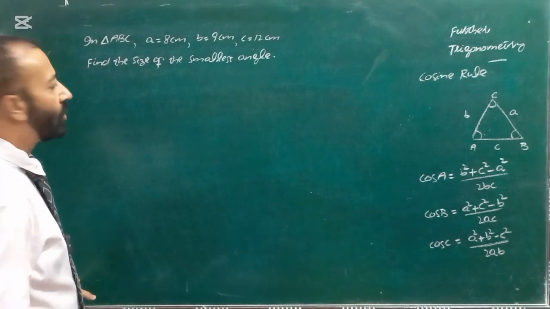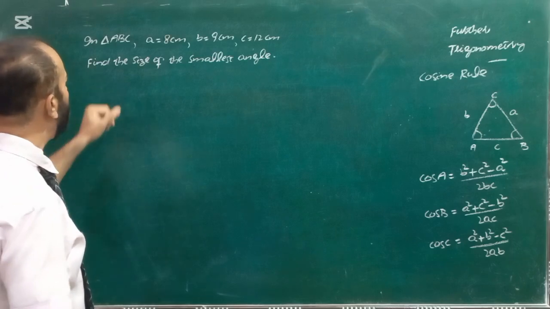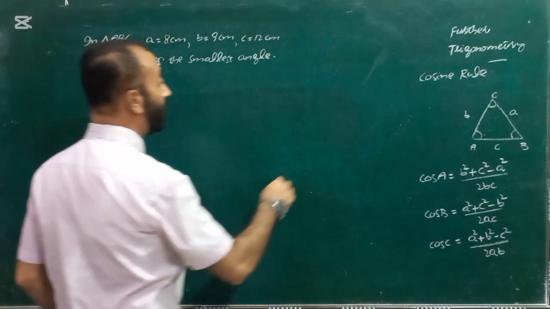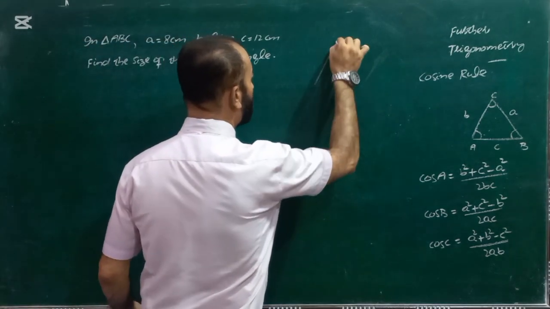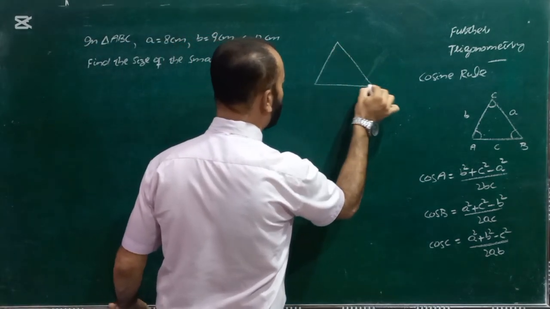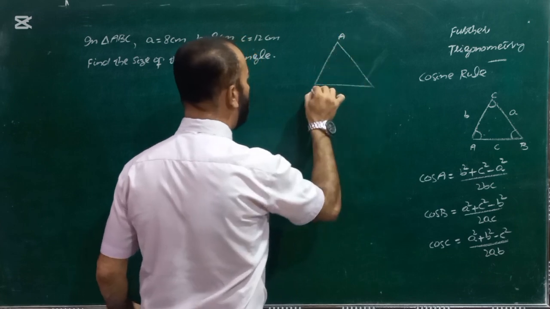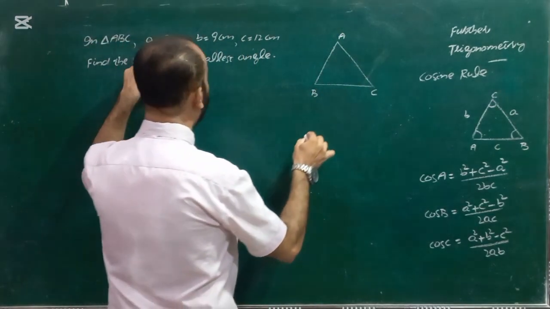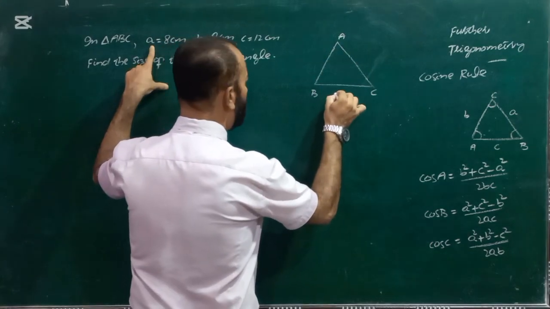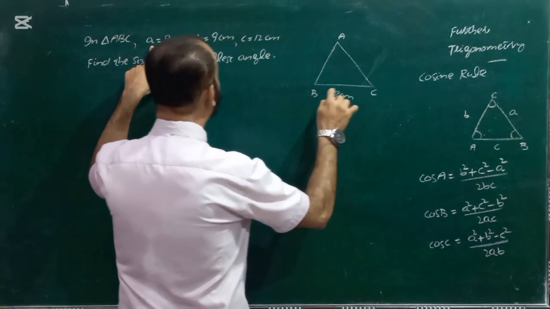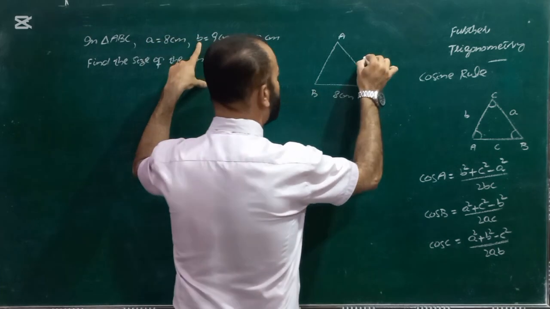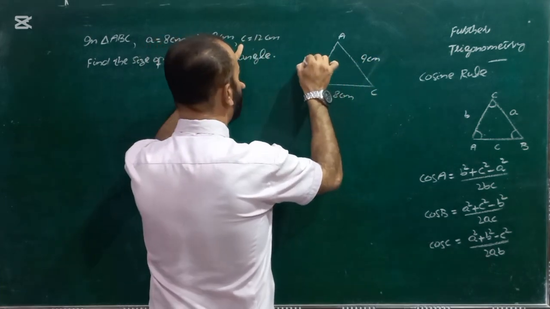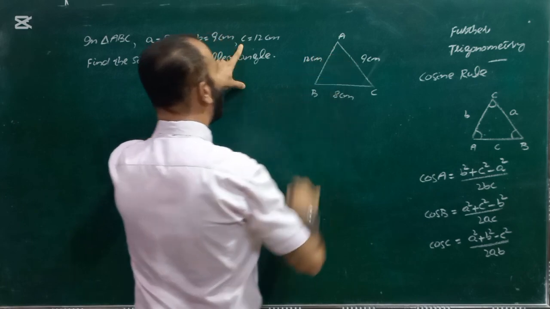Here is a question. So concentrate yourself. In triangle ABC, a is equal to 8 centimeters, b is equal to 9 centimeters, and c is equal to 12 centimeters. So look now, here is triangle A, B, C. The side opposite to A is 8 centimeters, the side opposite to B is 9 centimeters, and the side opposite to C is 12 centimeters.